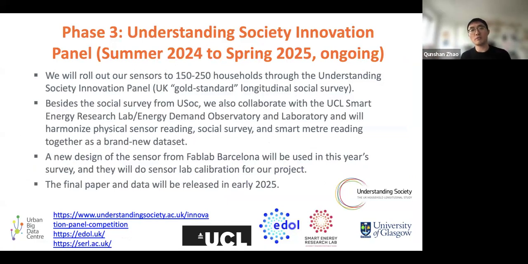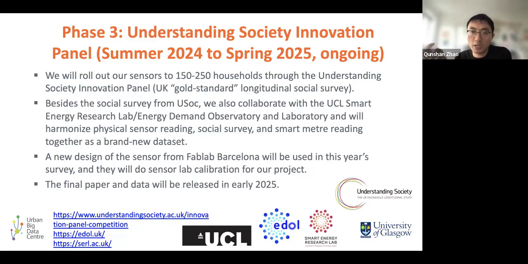Understanding Society is the UK gold standard longitudinal social survey. They survey the same households across 20 or 30 years to understand how they evolve. It's a very big thing in social science here.